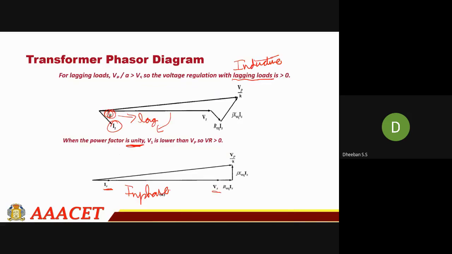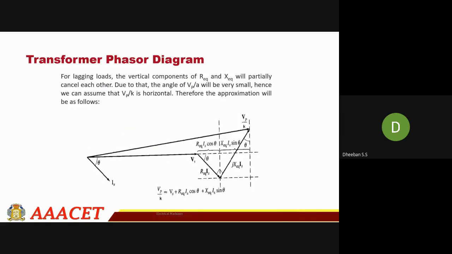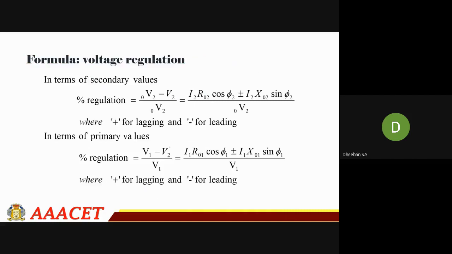But for the lagging and unity cases, your VR will be greater than 0. This is the phasor representation. You just see through it.